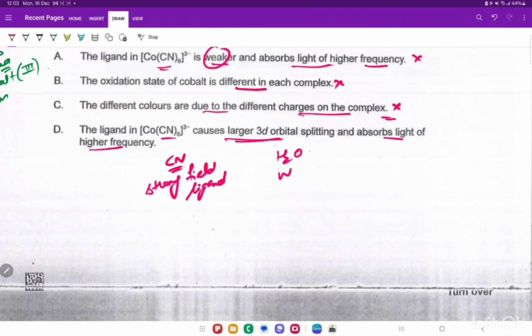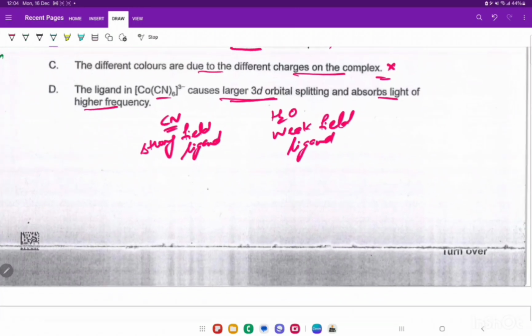When a weak field ligand and a strong field ligand are present in a compound, a strong field ligand causes higher repulsion with the d orbital electrons, hence higher CFSE, crystal field splitting energy. The d orbital splits more here, and less here.